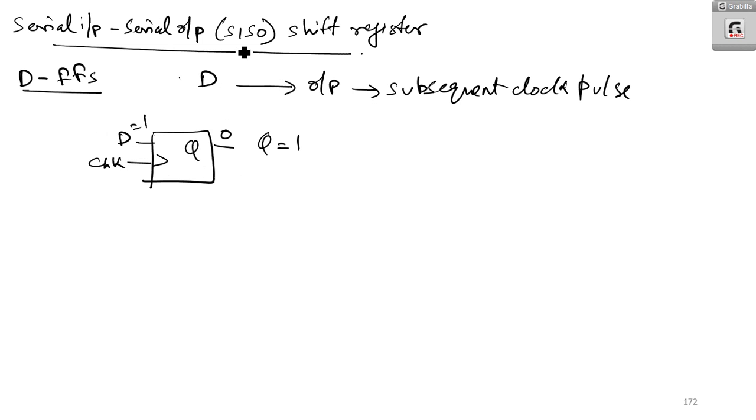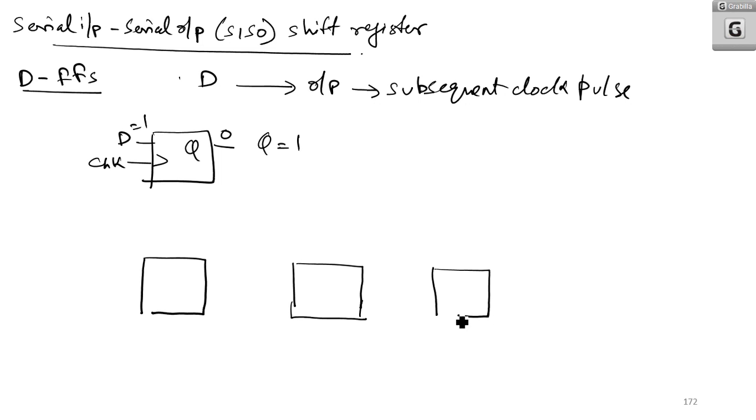Now coming into serial input, serial output shift registers. Suppose I am having a 4-bit serial input, serial output shift register. I should have 4 flip-flops, and the clock is common to all of them.